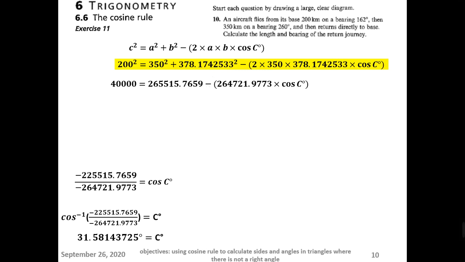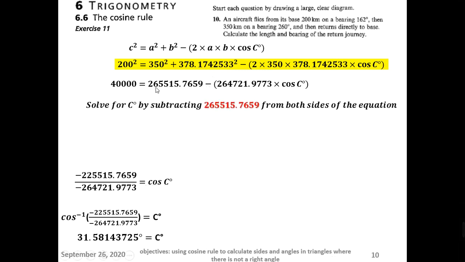So we're going to subtract from each side 265515.7659. And if we do so, 40,000 minus 265,515.7659 is going to come down to minus 225515.7659, which is equal to what's inside the bracket, which is going to be the same.